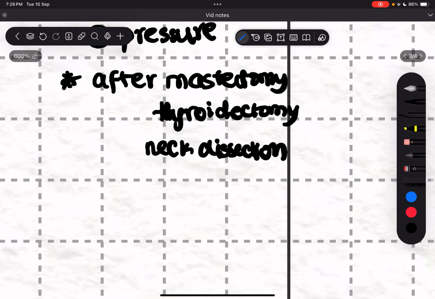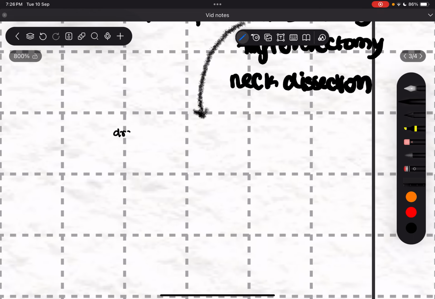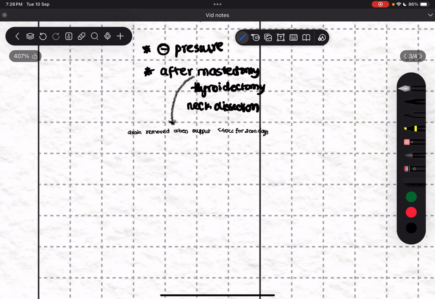In mastectomy, the drain is removed when the output decreases to less than 40 cc for 2 consecutive days. At that time, it is supposed to be removed.